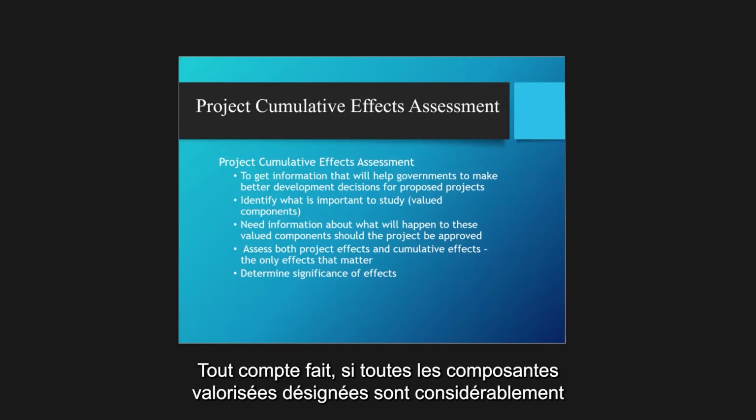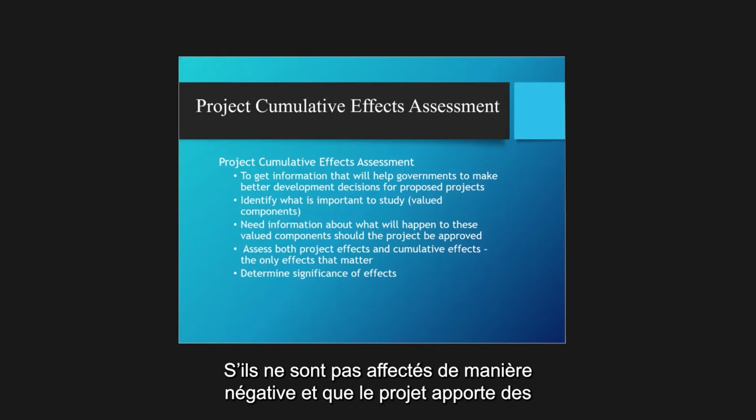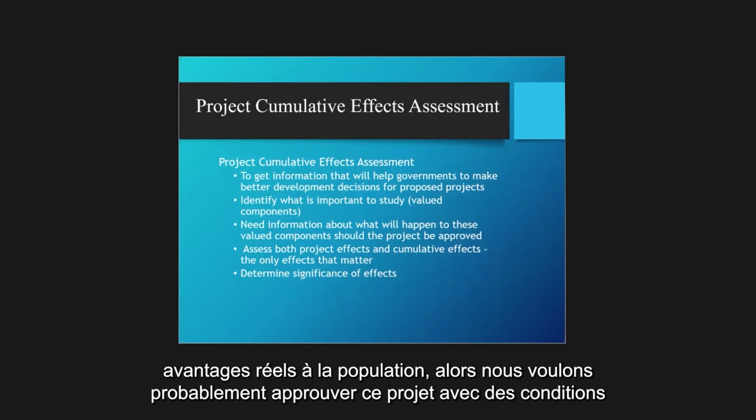All things considered, if all of the valued components that we have will be significantly adversely affected, maybe we don't want that project. If they will be insignificantly affected and the project will provide real benefits for people, then we probably want to approve that project with conditions.